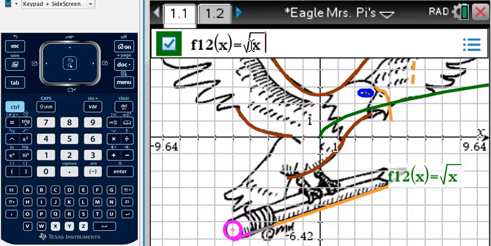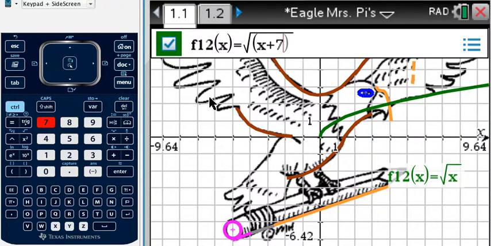Now if I want to move it to the left, I need to go inside the radical, and I'm going to put parentheses around the x. Because it's going left, I need to do a plus sign, and let's see how far over. 1, 2, 3, 4, 5, 6, 7, approximately 7 units to the left, and then maybe 2 units up.